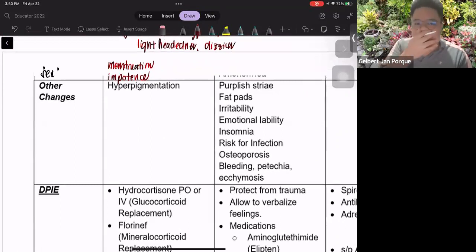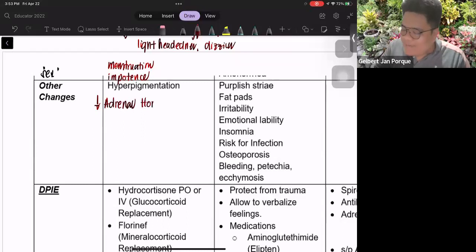Now, paano kita nag-hyperpigmentation? With the decrease of the adrenal hormones, nag-decrease ang adrenal hormones sa Addison's, di ba? Ano nga gland ang matrigger? What gland would be triggered? Pag ma-detect sa bloodstream, akon adrenal hormones, sino nga gland ang mag-work?